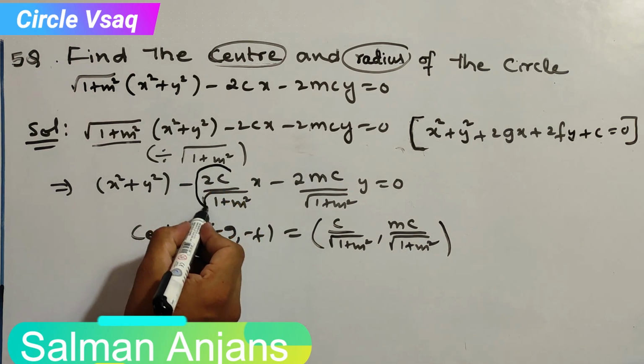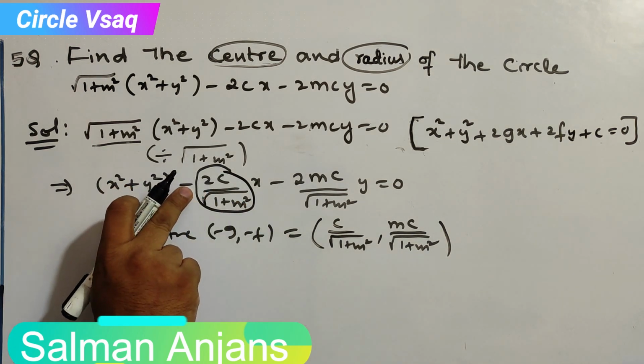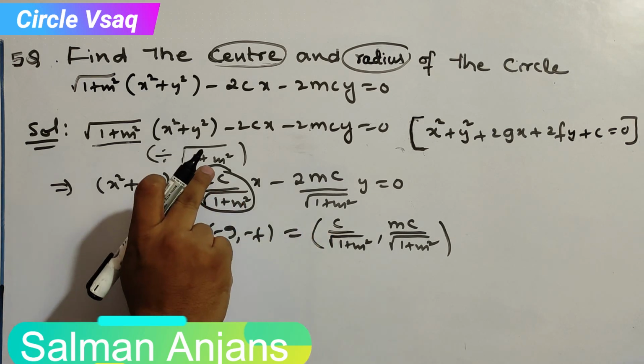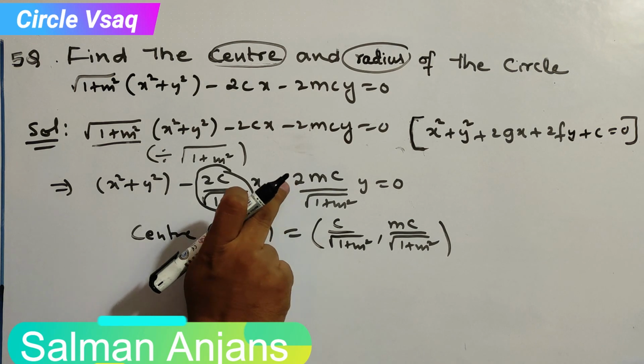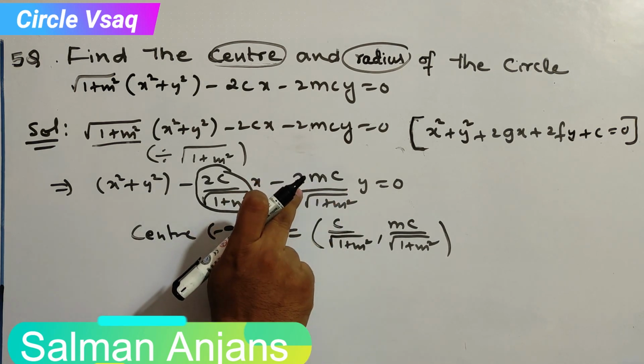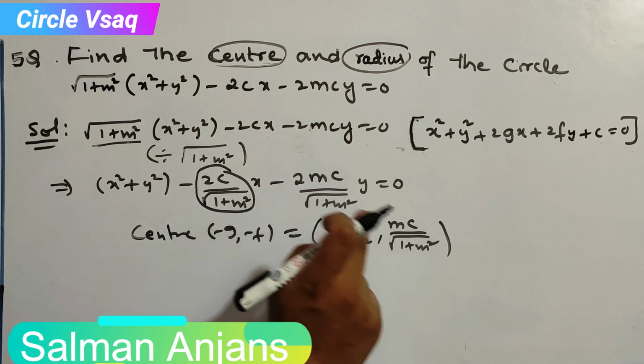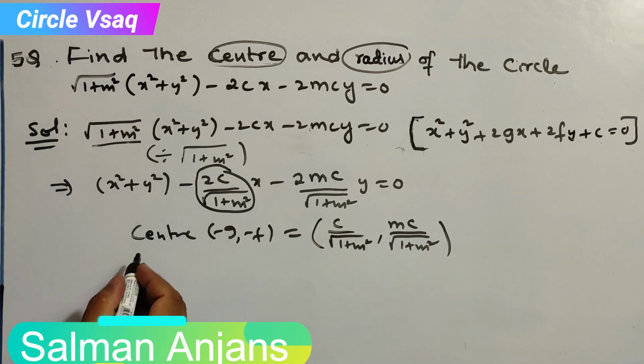This is 2g, minus is there, so plus g equals, 2 cancels, 1c by root over (1 + m²). This is 2f, minus is there, plus 2f, we need 1f, so 2 cancels, mc by root over (1 + m²).